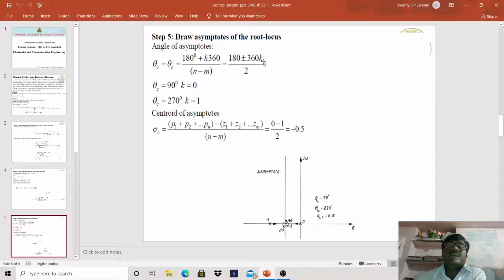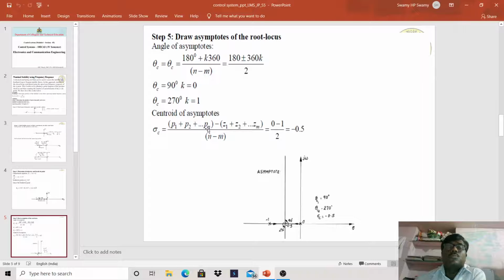Because n minus m is equal to 2, you have to put k is equal to 0 and 1. If you put k is equal to 0 in this equation, you will get theta is equal to 90 degree, which is one asymptote. And if you put k is equal to 1 in the above equation, you will get another asymptote, 270 degree.